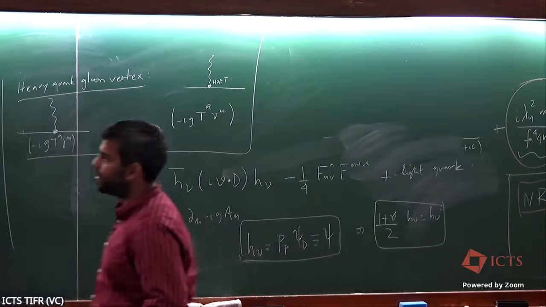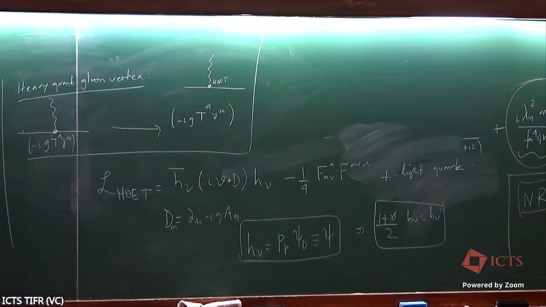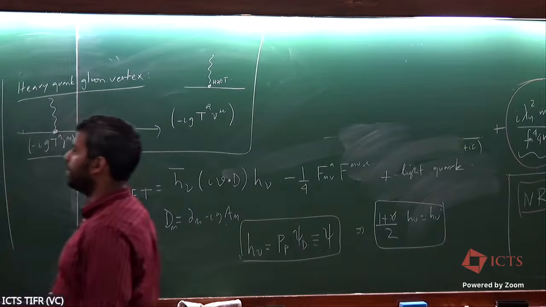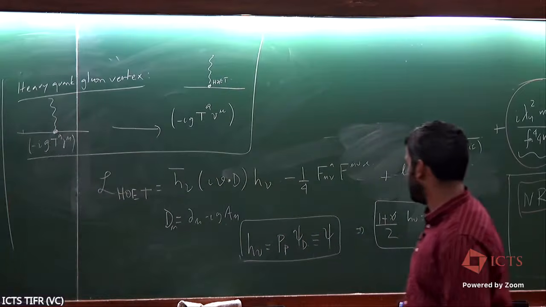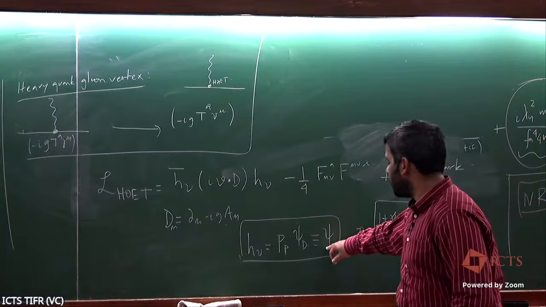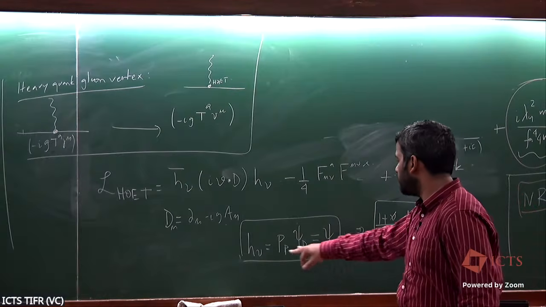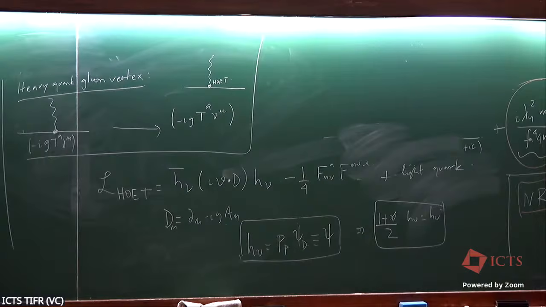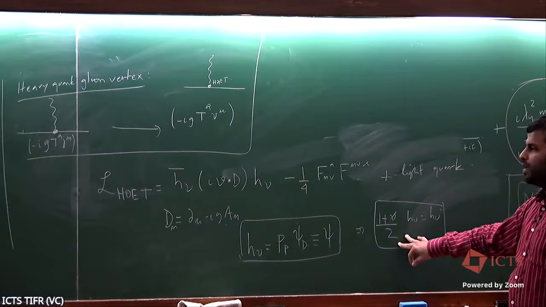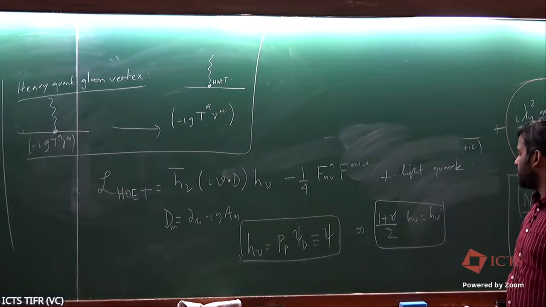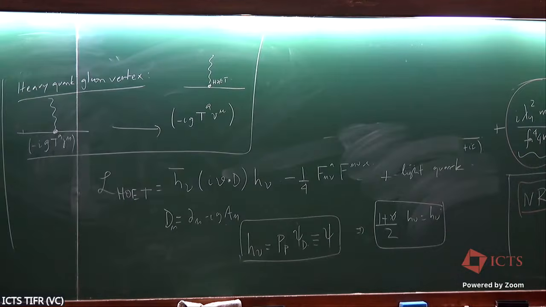I use the notation v because we are saying that there is a velocity v mu that is labeling my one particle state, or the heavy quark's degree of freedom. This is equivalent to the psi field that I had introduced earlier, just to make the notation clear. And this satisfies this projector relation. You can use the definition of the projector and confirm this, as an exercise.